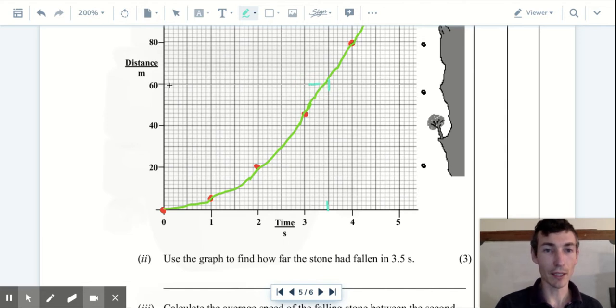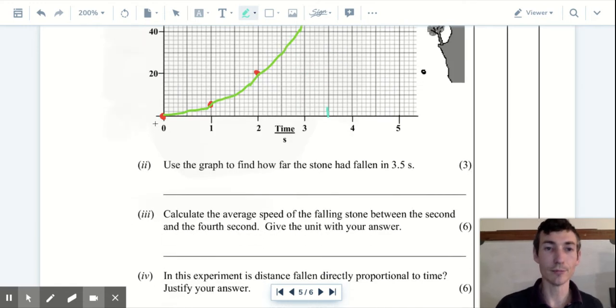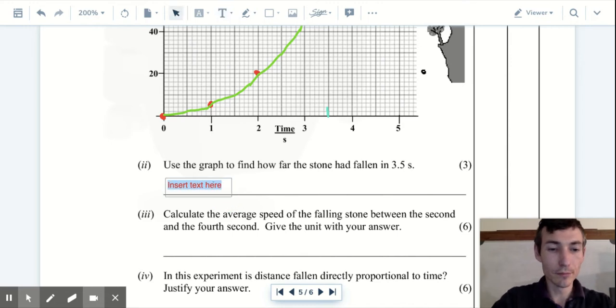Okay, and you could call that, for all intents and purposes, 60 or maybe a little smidge above it. So that'd be 70, that'd be 65, so about 62, we will say there. So 62 meters.